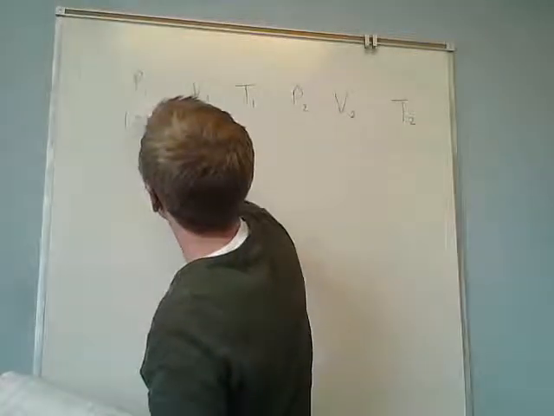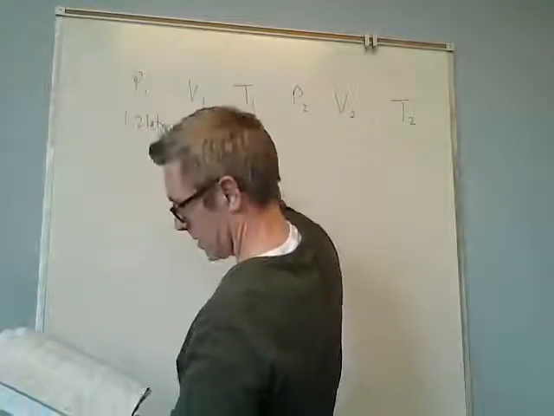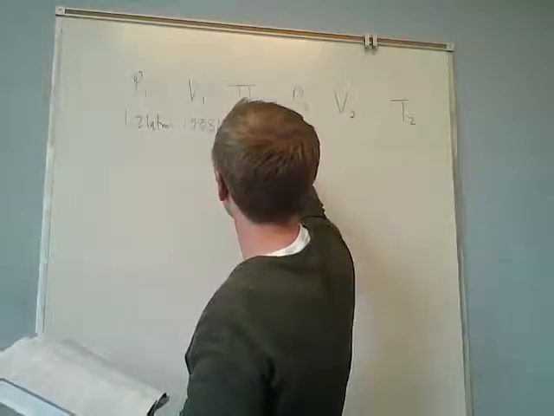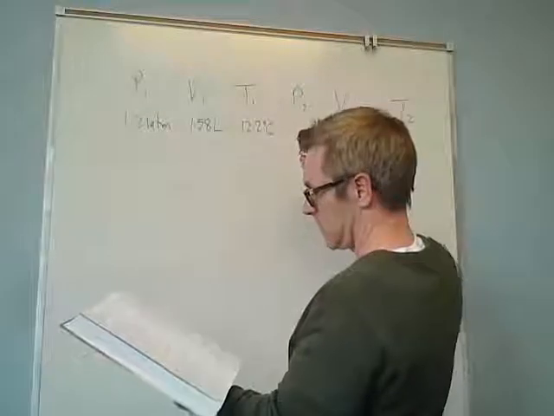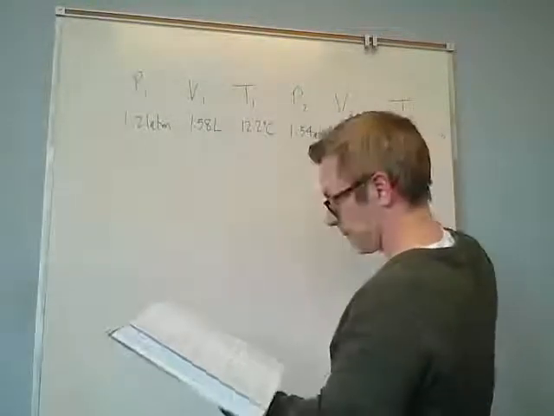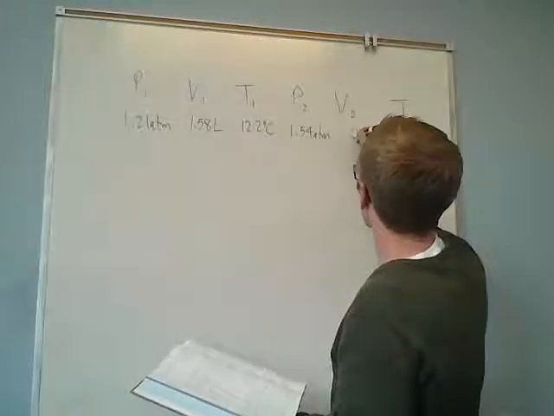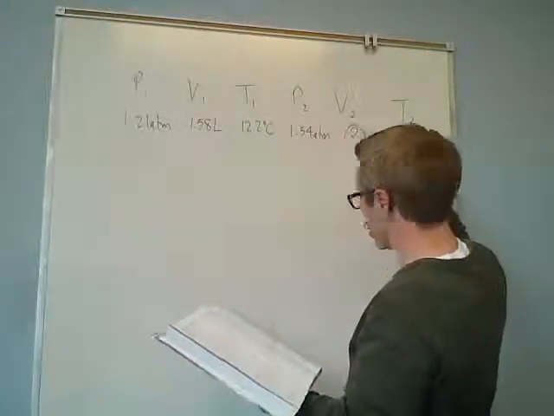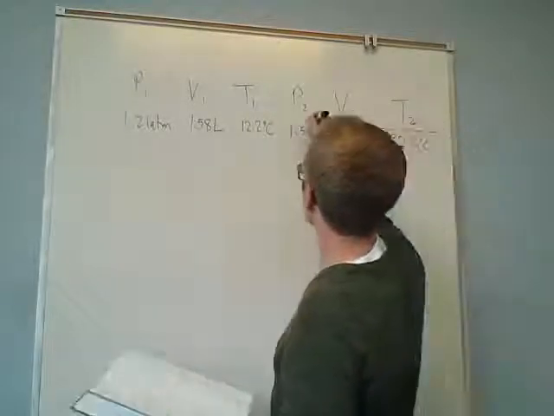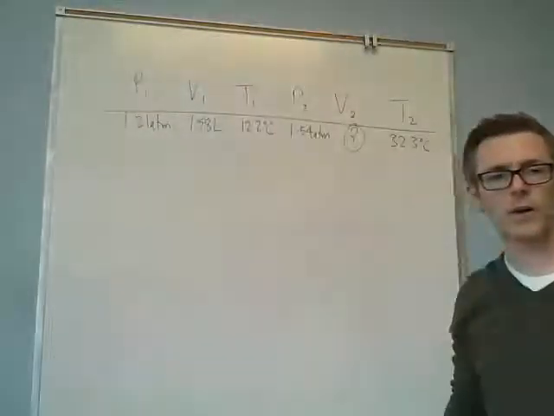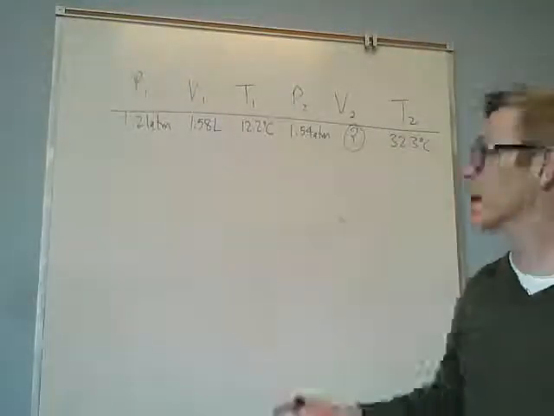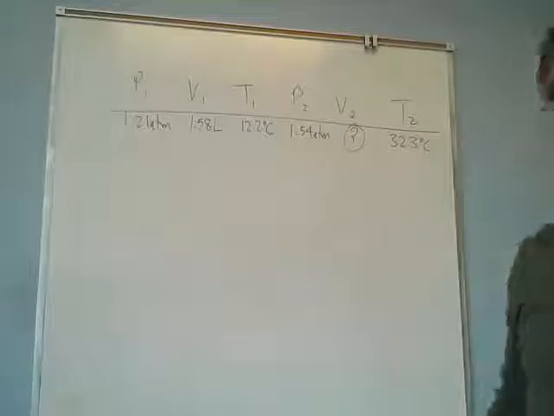So 1.21 ATM, 1.58 liter, 12.2 degrees Celsius, 1.54 ATM, question mark, 32.3 degrees Celsius. Okay, so we're given some information. We're not given all the information. We have to solve for V2.